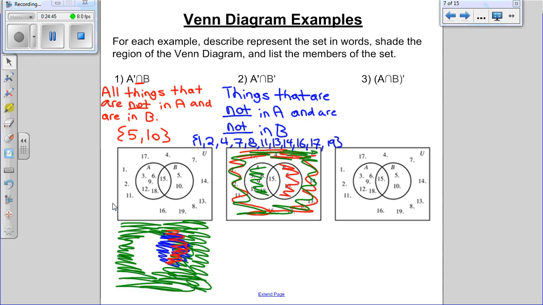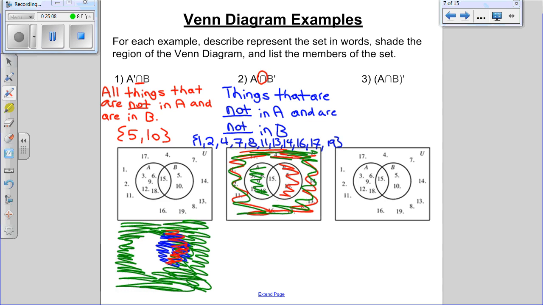In green, I colored in all things that are not in B. So I colored the entire outside plus the part of A that didn't touch B. And because I'm doing an and symbol, I want to figure out where those things intersect each other, where the red and the green are intersecting each other. That happens to be the entire outside.